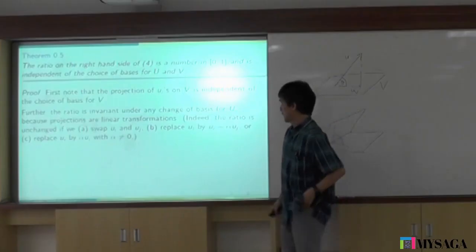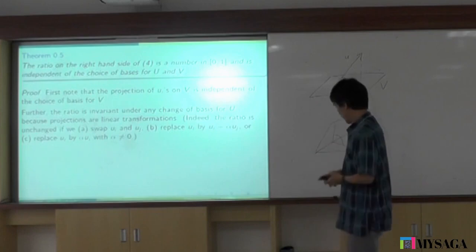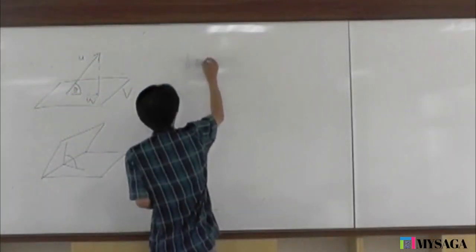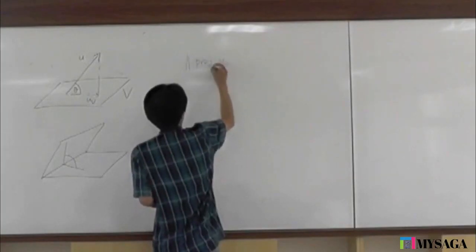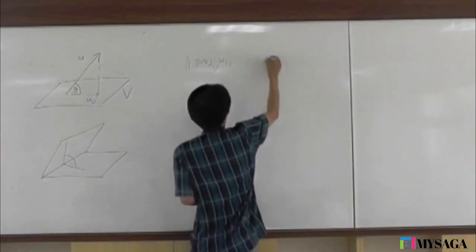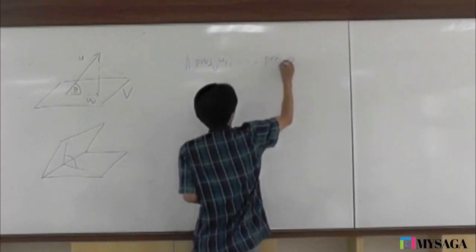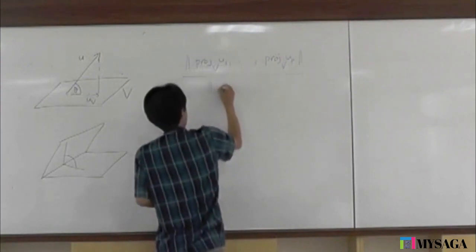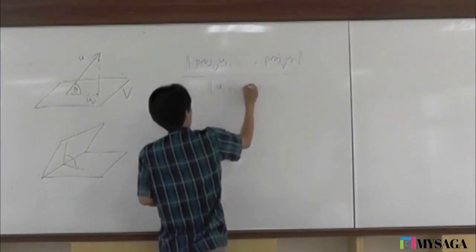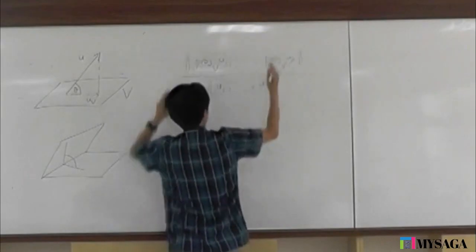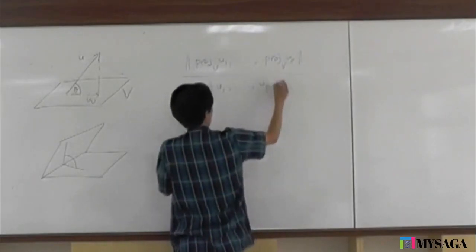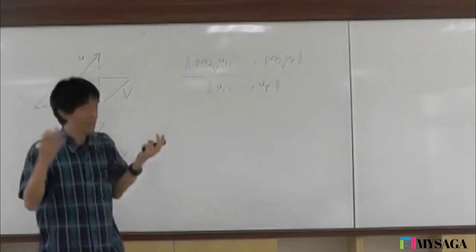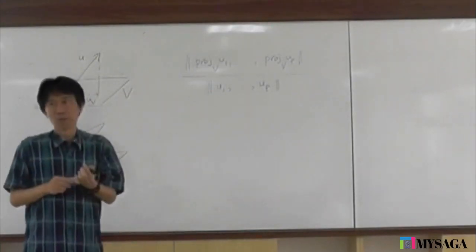So we know that from the formula. I should write down the formula: the norm of the projection of U1 up to the projection of UP on V, divided by the norm of U1 up to UP. Remember that in our mind the norm is the volume, okay? And remember the properties of the norms.